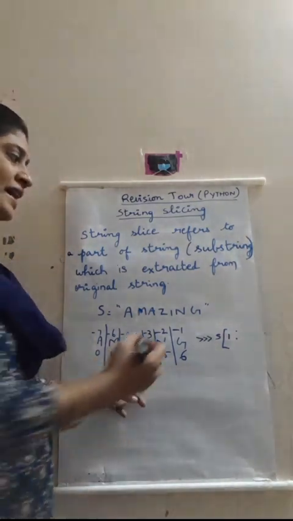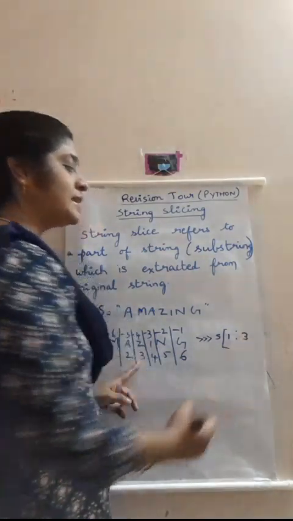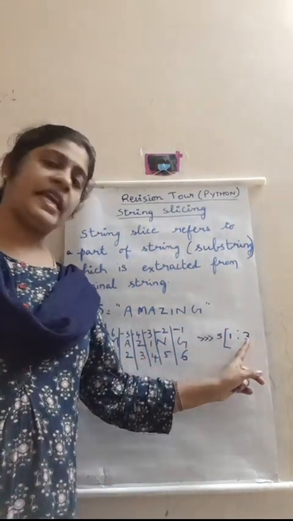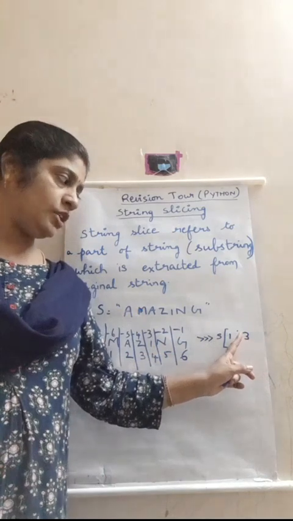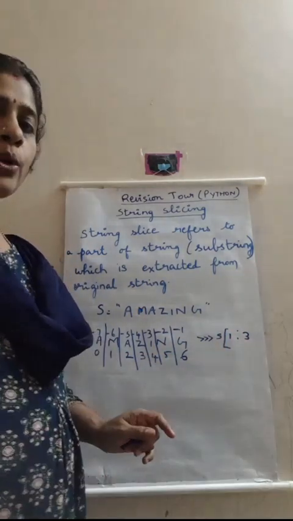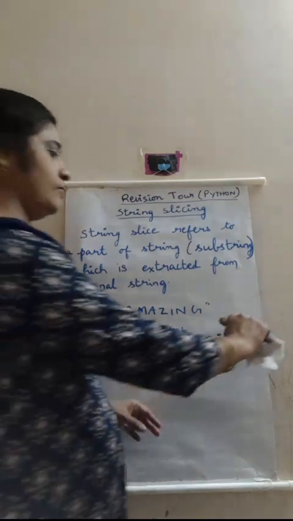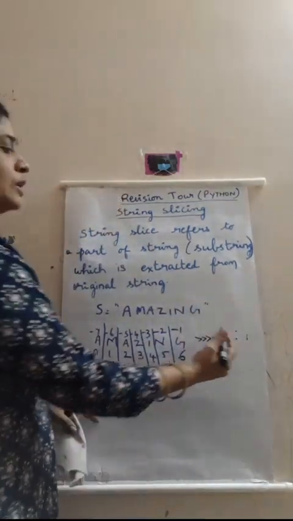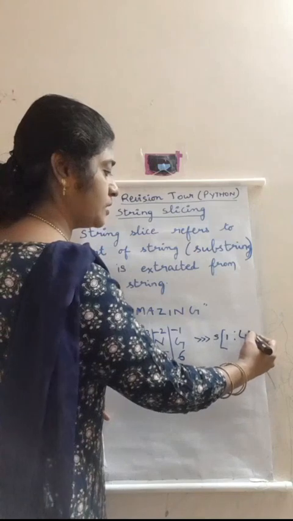But if I write 3 here, it won't consider 3. It will stop at 2 itself, so it will consider only 1 and 2. If you want to include 3, then you have to stop at 4.